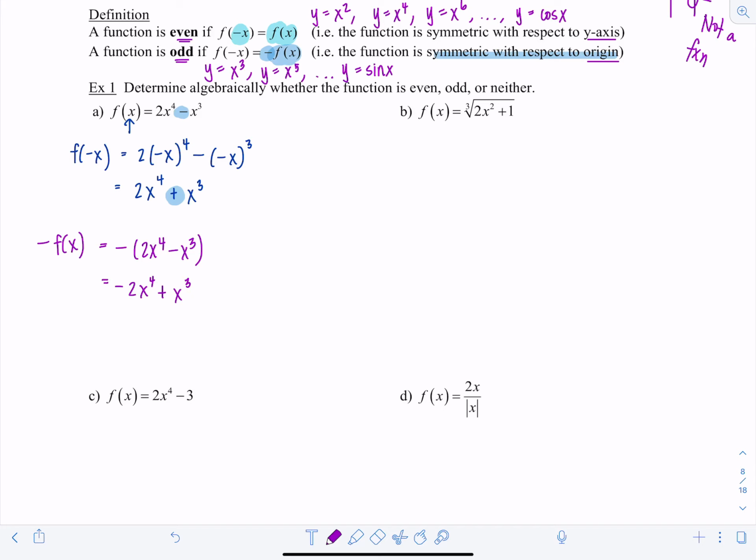Is that what we have? No, it's not. I'm so sorry. Look, in this case, we needed a negative in front of the 2, and the 2x to the fourth did not change signs. So when you have an odd function, the entire function gets multiplied by a negative when you replace x with negative x, not just one term. So in this case, it's neither.